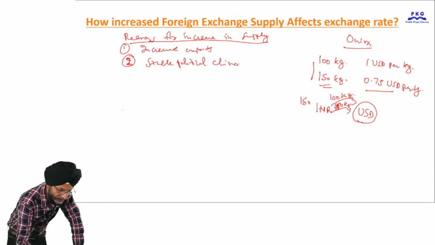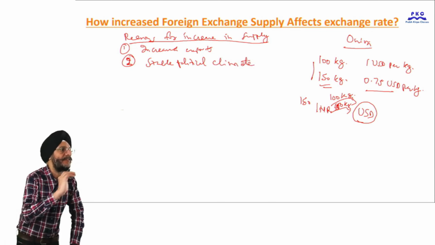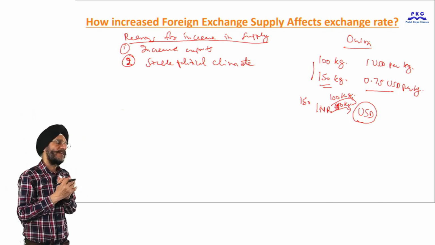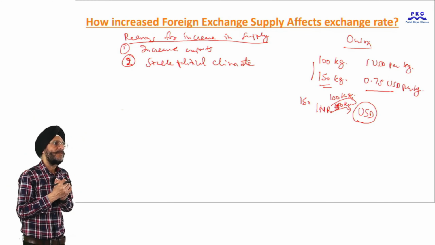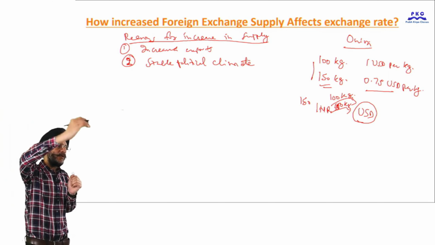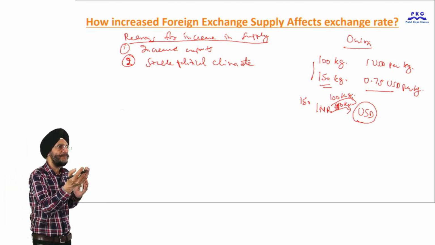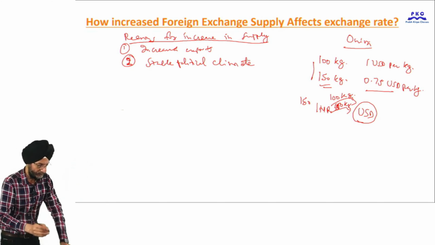When there is a stable political climate in any country, then the foreign investors come to make investment in that country. So there is inflow of foreign exchange, which results in increase in foreign exchange supply.